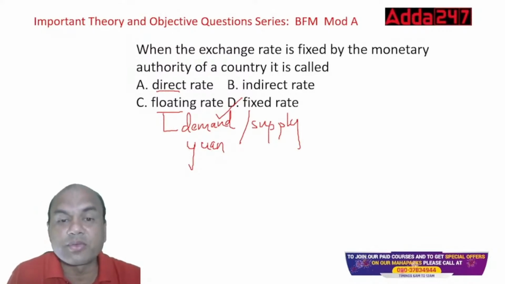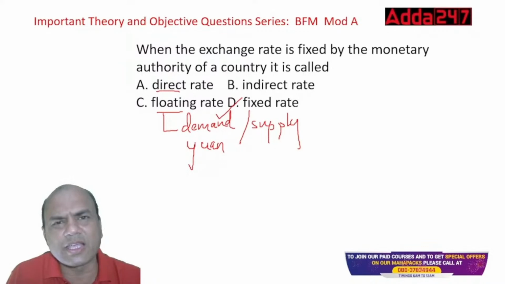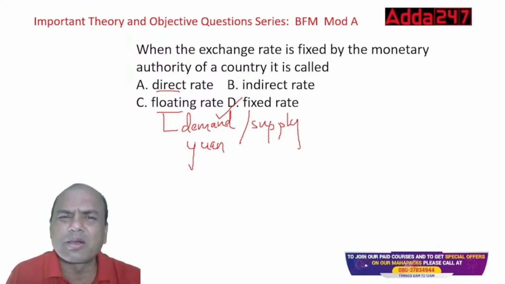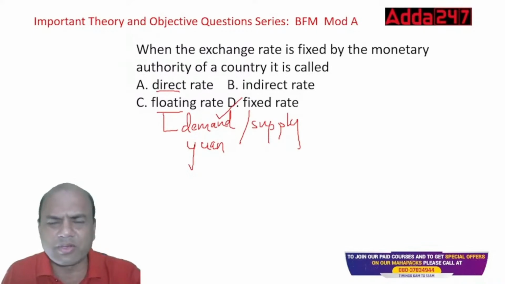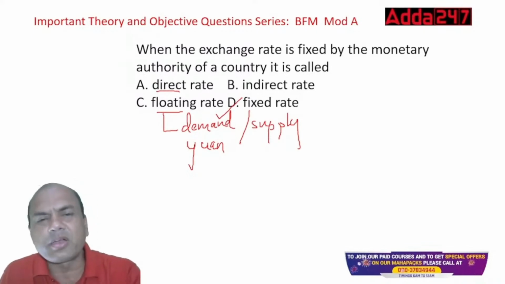This is known as a quasi-fixed rate. Some other minor countries like North Korea also have it, and some big oil-producing country has a fixed rate. Forget it. The important thing is that the government interferes here.